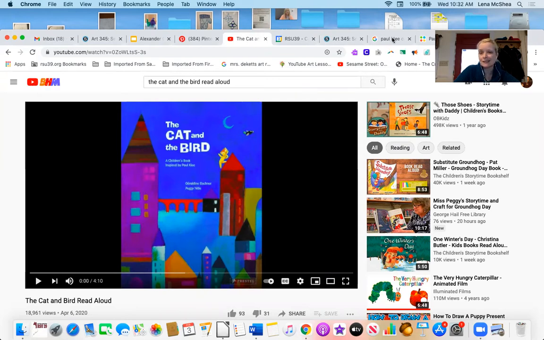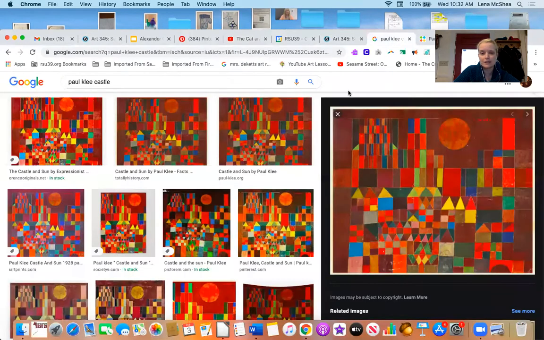And then the second thing I want you to look at is this. This is art by Paul Klee, and it's called Castle and the Sun. Again, it's lots of different shapes, but they look like houses. All we're seeing are basic geometric shapes, which are squares, triangles, rectangles.